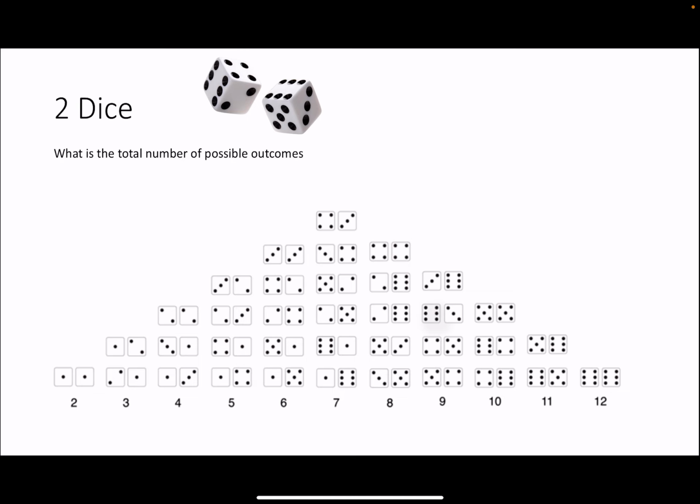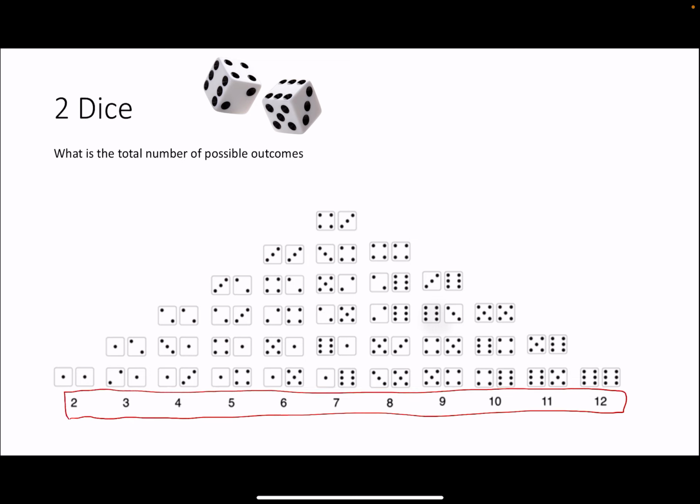What is the total number of possible outcomes? Was it 11? No, it was 1, 2, 3, 4, 5, and so on up to 36.